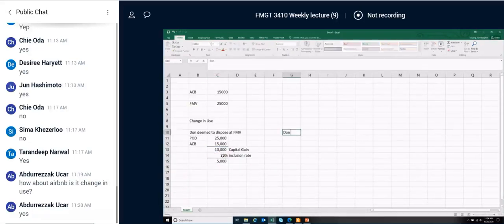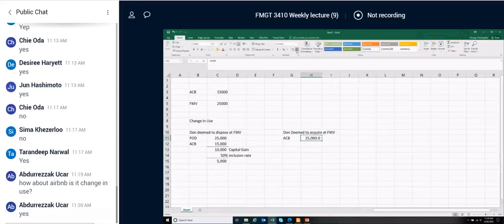So now his cost base is going to be $25,000, because he's deemed to dispose. Don's the one who holds the truck after the change in use that triggers the deemed disposition. He's deemed to acquire at fair market value.